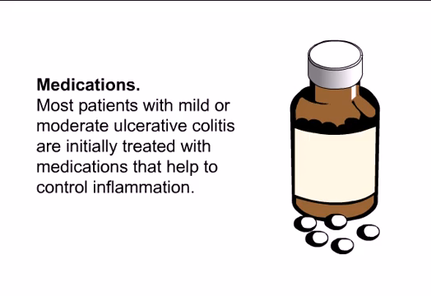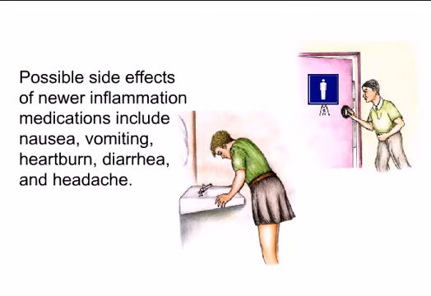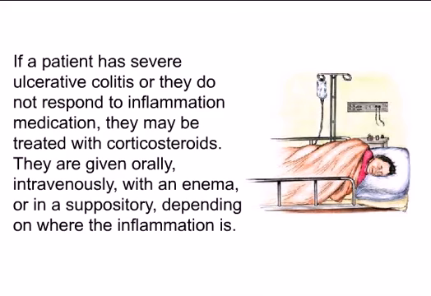Medications. Most patients with mild or moderate ulcerative colitis are initially treated with medications that help to control inflammation. Possible side effects of newer inflammation medications include nausea, vomiting, heartburn, diarrhea, and headache. If a patient has severe ulcerative colitis or does not respond to inflammation medication, they may be treated with corticosteroids.